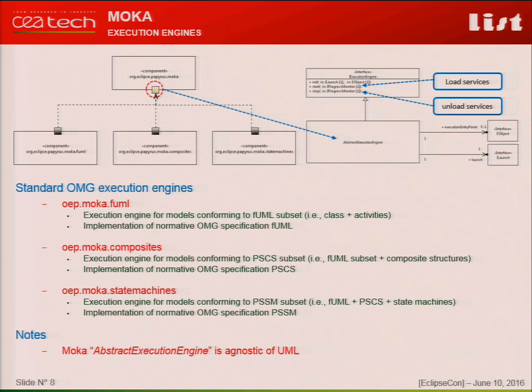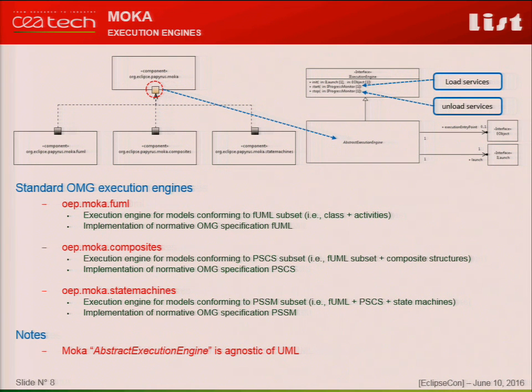Well, when you want to contribute a new execution engine, basically what you do is extend this class. It's not readable, I'm sorry for that. It's AbstractExecutionEngine, but that's not important, the name. Basically, it is agnostic of UML. That means if you have a new engine and you want to interpret another kind of model for another language, it's also possible.